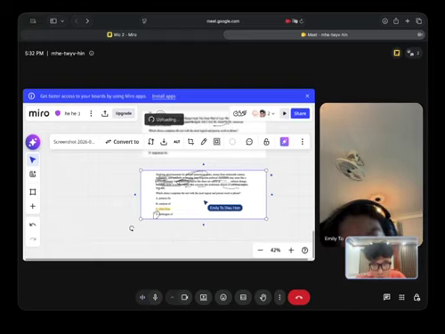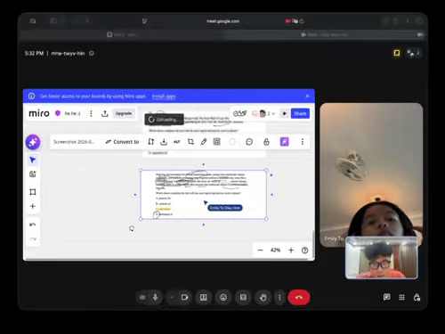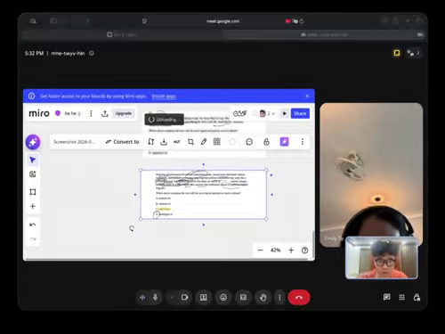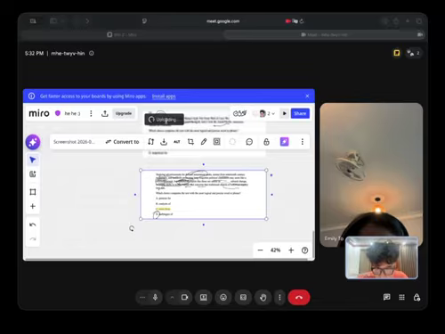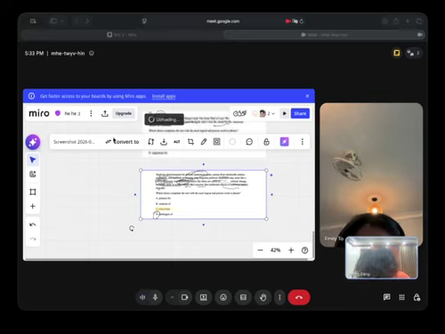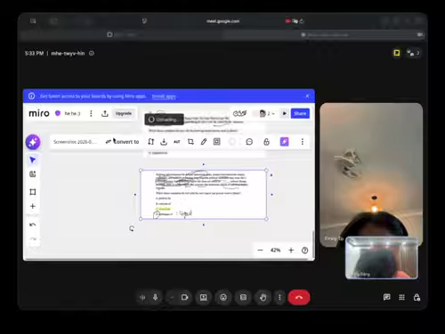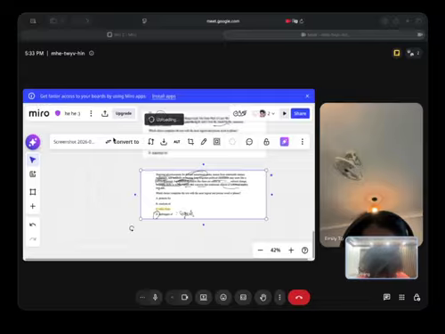Harbingers means something you can understand as a signal. It is not like the right definition from the dictionary, but in that context, harbingers mean the signals of cultural change, okay?